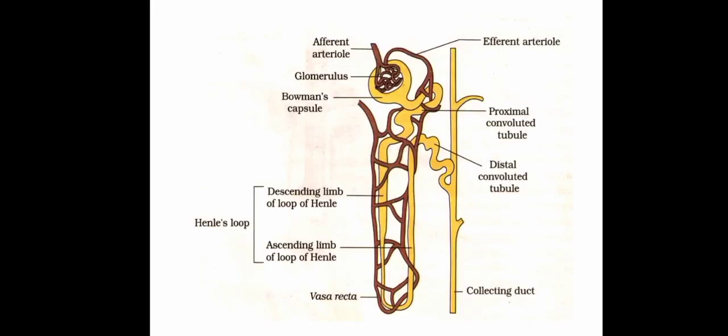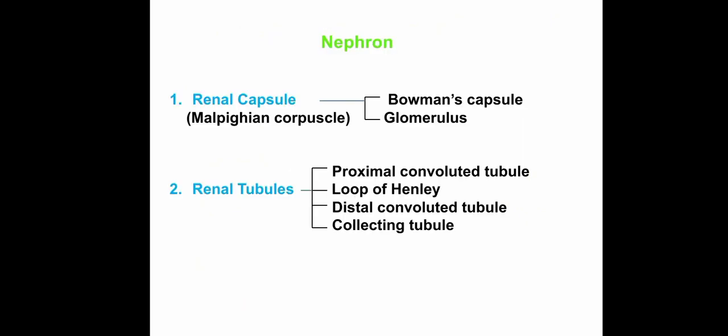So the capsule is a cup-shaped structure, which is made up of the Bowman's capsule and the glomerulus, and the sum total is known as the renal capsule or the Malpighian corpuscle. That cup contains the glomerulus. Glomerulus is a tuft of capillaries having numerous pores, with tremendous capability of filtering the blood.